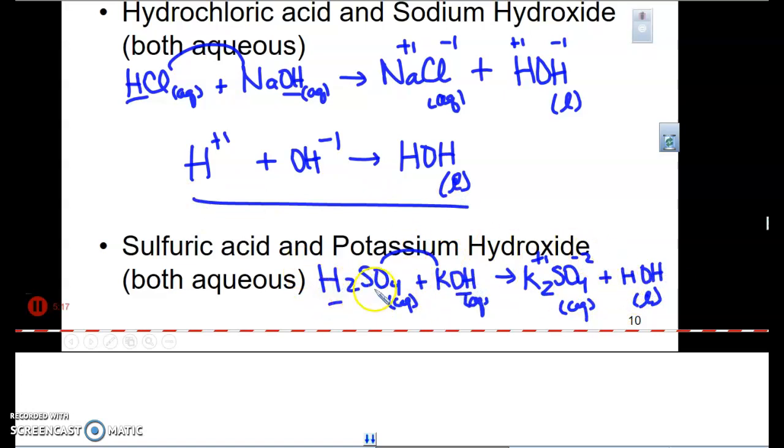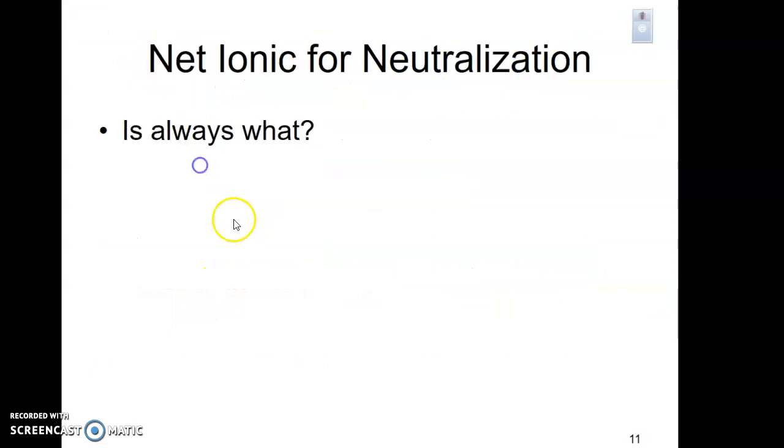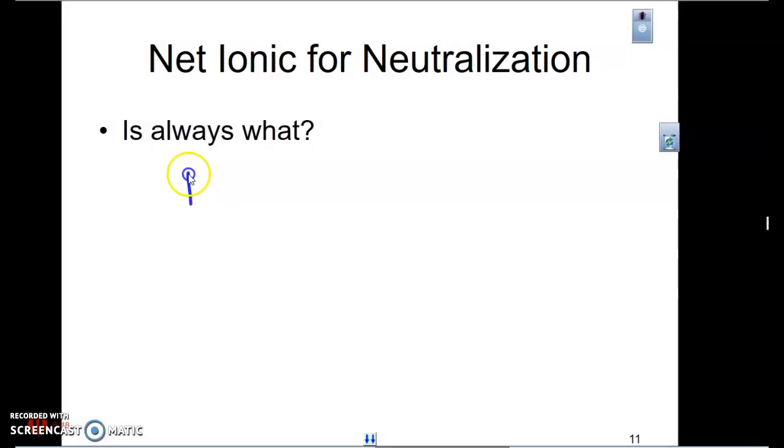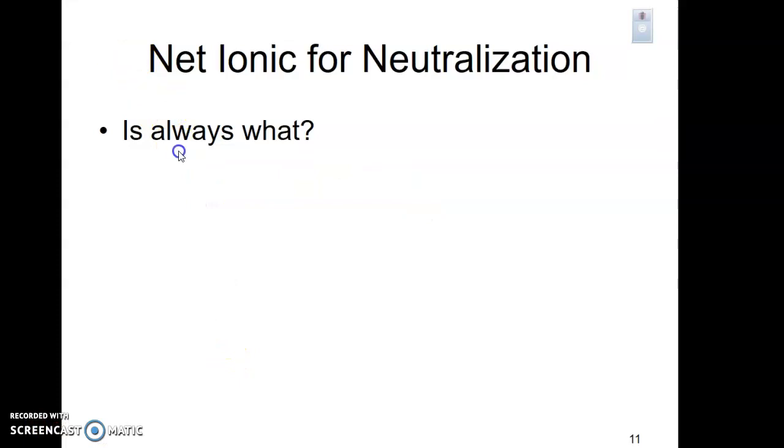And please don't bring an H2 over here. It's not H2OH, it's HOH. All right. Net ionic for neutralization is always, it doesn't matter what it is, hydrogen plus hydroxide makes liquid water. That's the net ionic for those, always.